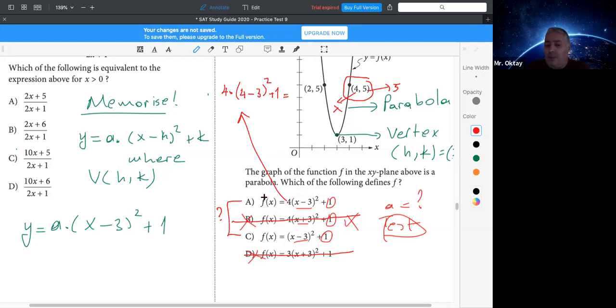What does f of x mean? F of x means y. So 4 times 1 squared is 4, plus 1, which is 5. Y is equal to 5. What is y here? 5. That means this is the answer. Finished. Am I clear in what I mean?